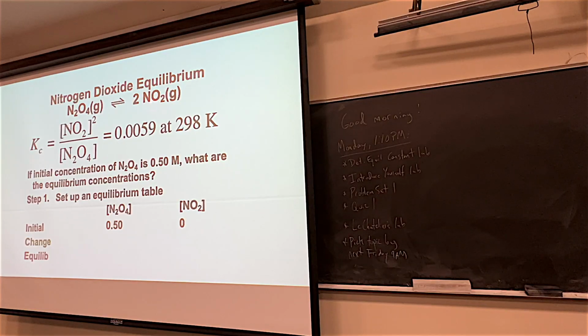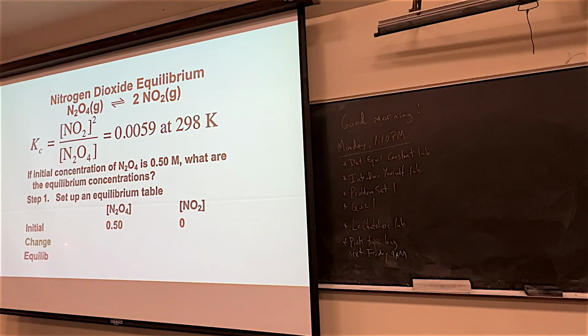So the stoichiometries appear in the change line. The 1 to 2 in the balanced reaction will show up down here. It's usually like X and 2X. But the other thing to remember is that something is going to have to decrease and something's going to have to increase. So like I said earlier, you can write a line between reactants and products.